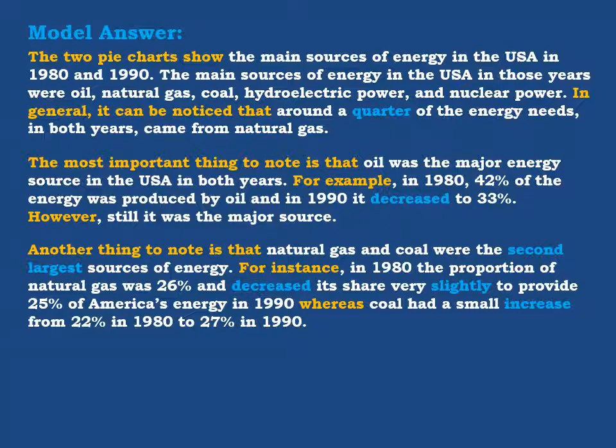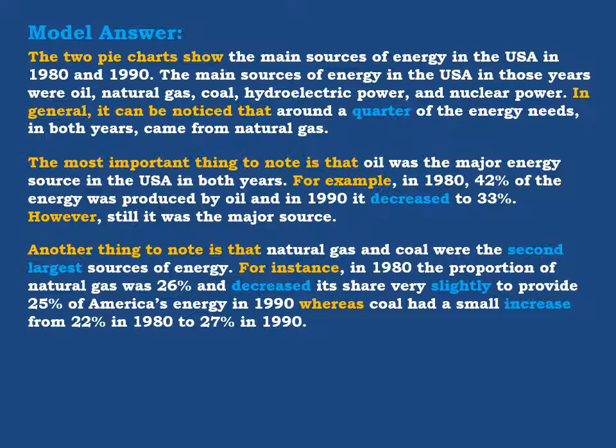All right. Now, the next idea, we are introducing now a new idea. Another thing to note is that natural gas and coal were the second largest. See, using this phrase, second largest. So first it was oil. The second thing, coal and natural gas. So second largest source of energy.